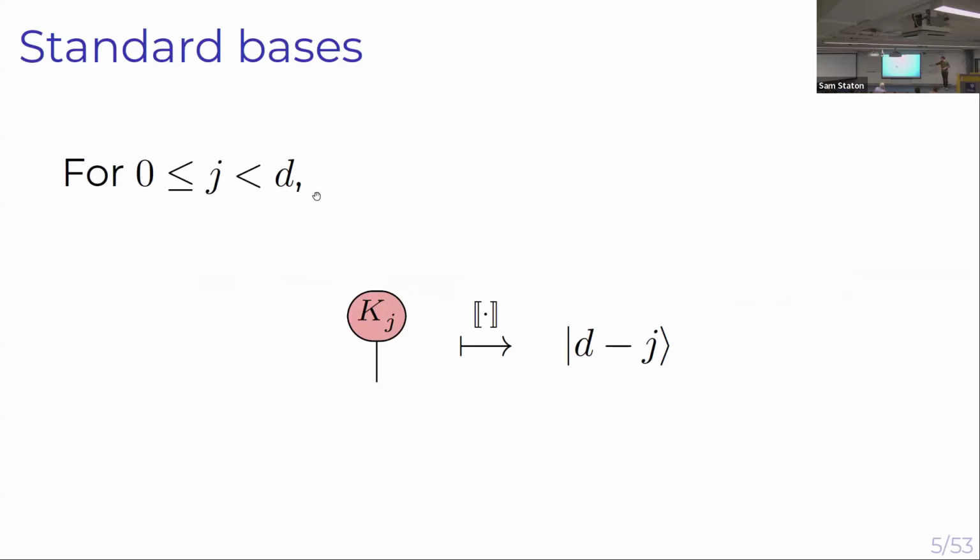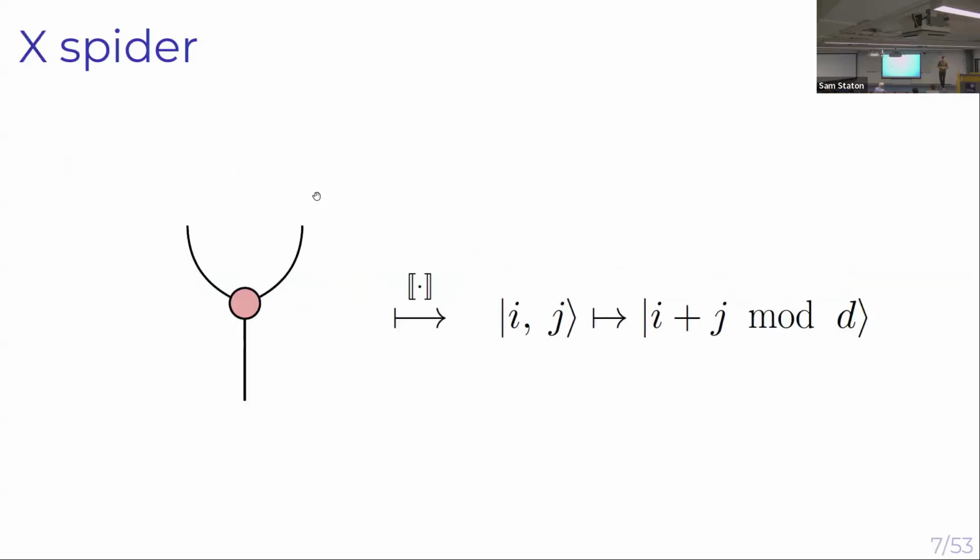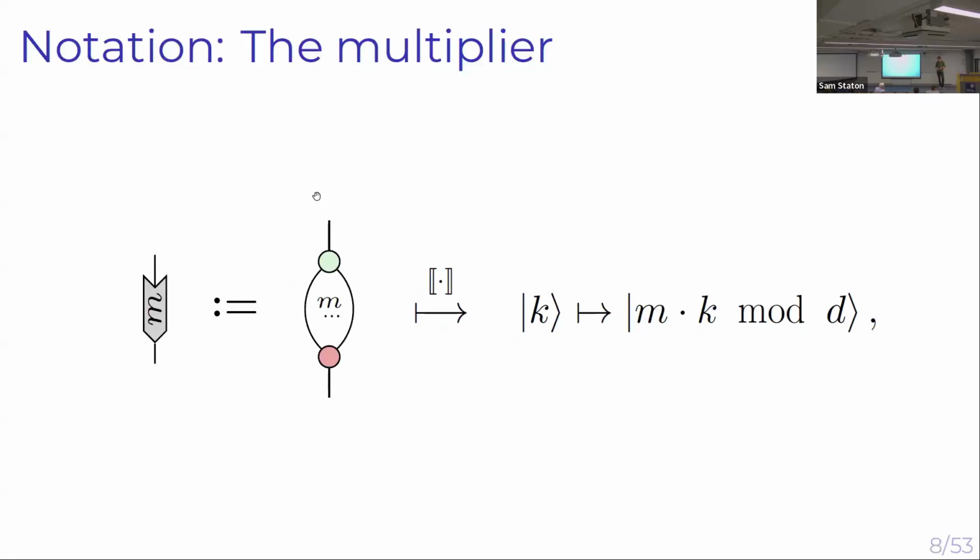First of all, we have the standard basis, the computational basis states. Kj means ket d minus j. The Z spider still does the same as it did with qubits, so it copies computational basis states. And the X spider sums computational basis states and takes them modulo d. So they have the same kind of intuition behind them as they would have in qubits.